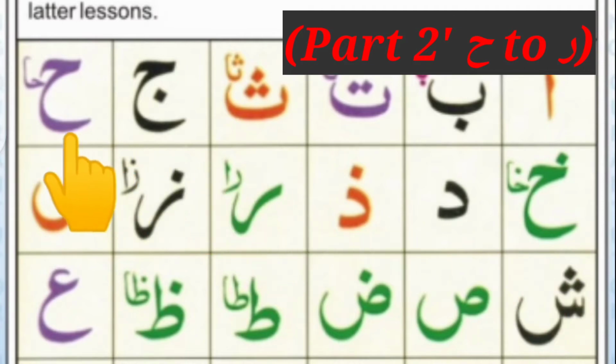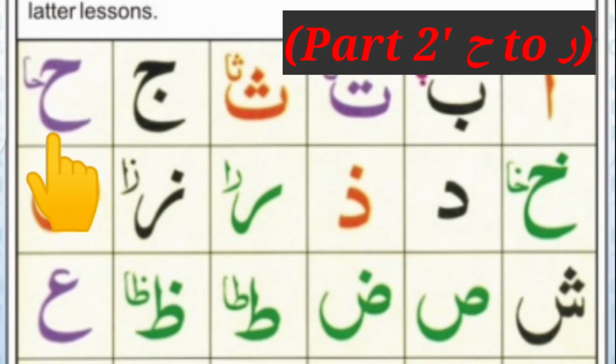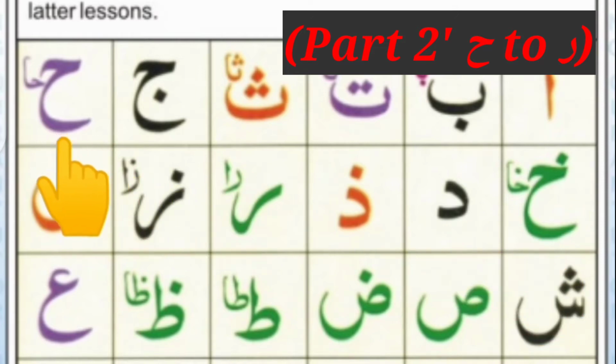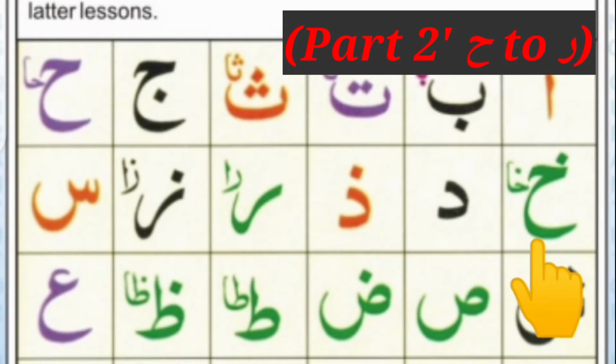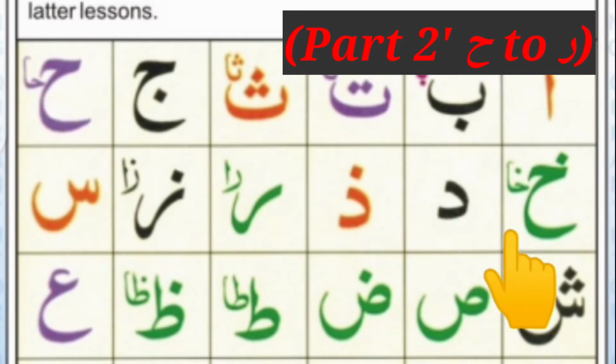Ha has no dot and Kha has one dot on top. With clear sound, and with bold and heavy sound. Kha, Ha, Kha.